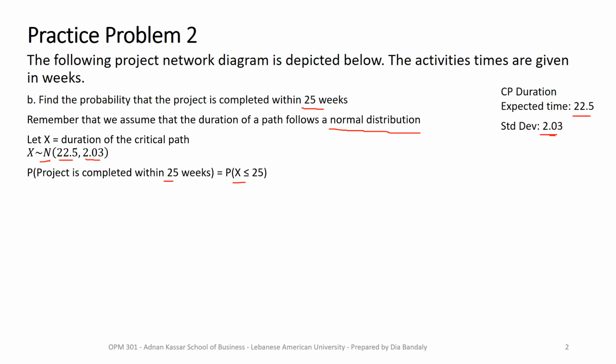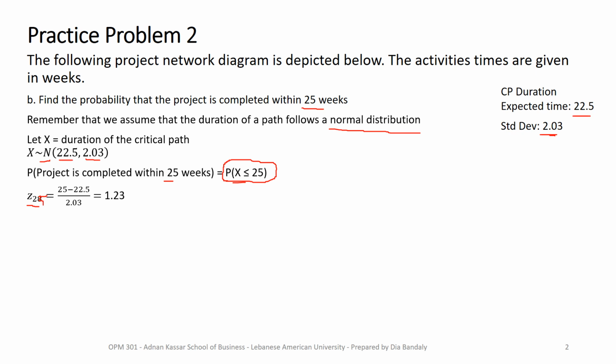Why is this important? Because once you reach this probability statement, you go back to what you have learned in your managerial statistics course, which is very basic, right? That's all you have to know about project management. What comes next is simply statistical calculations. So how to find the probability that x is less than or equal to 25? I'm going to convert this x into z. So here I'm writing z subscript 28, meaning that, sorry, this should be 25.